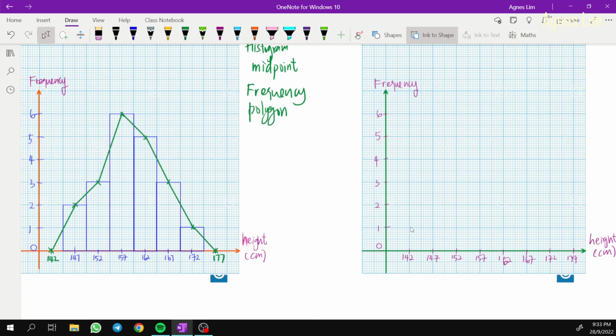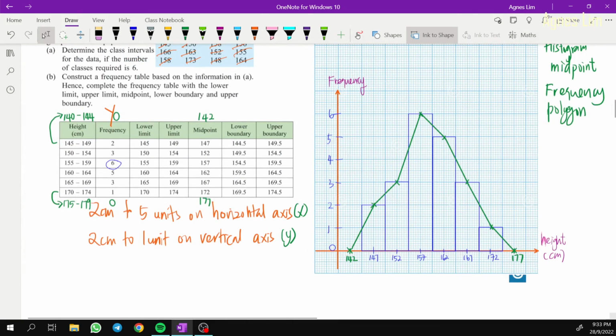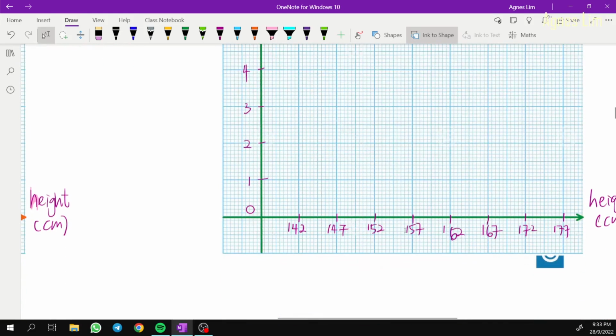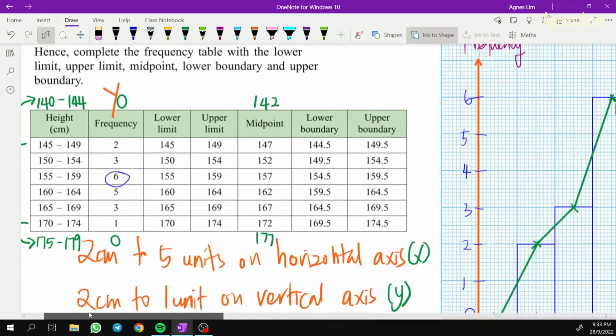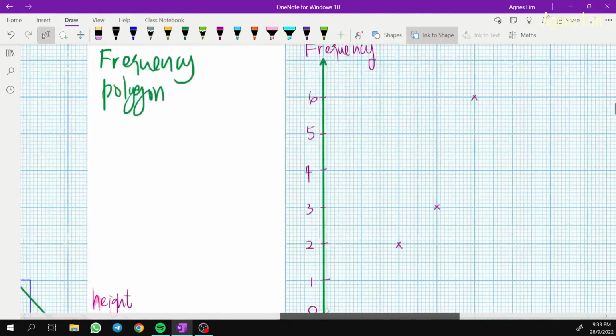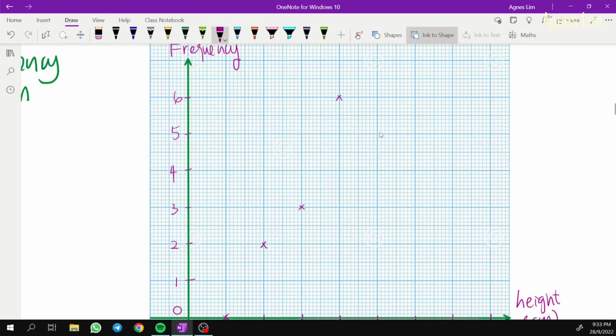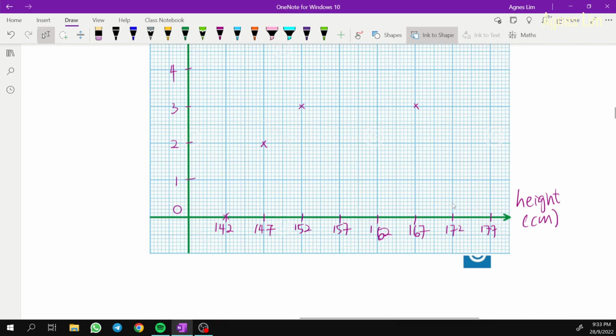Okay, so I will start to plot. The same frequency, so it's 0, 2, 3, 6, 5, 3, 1, 0.